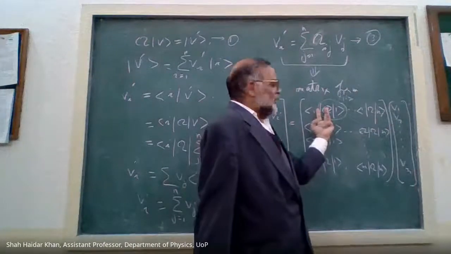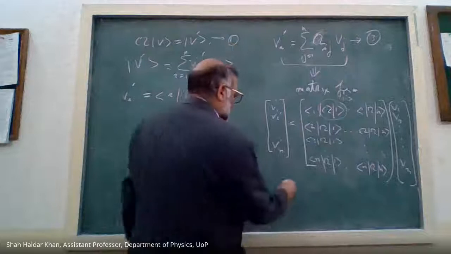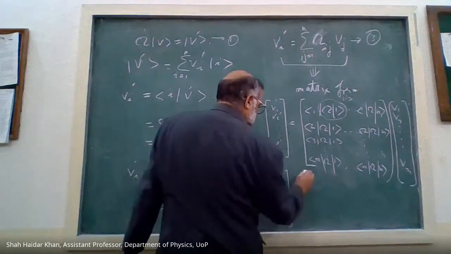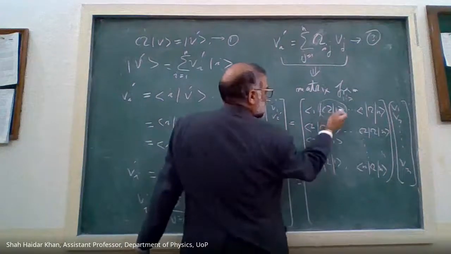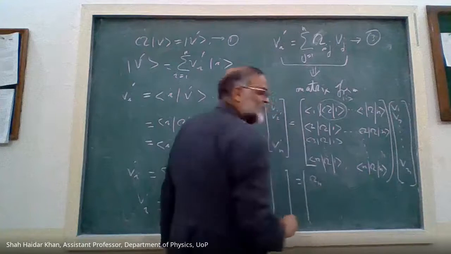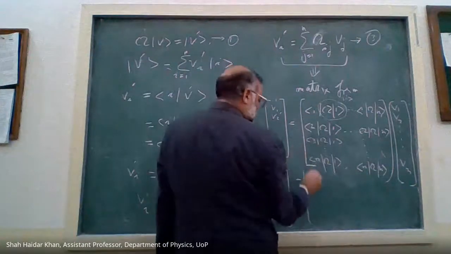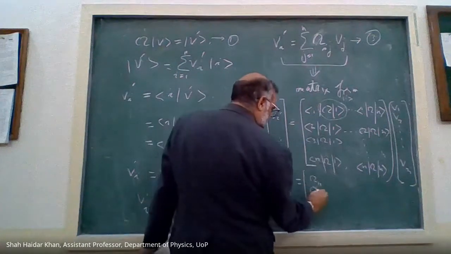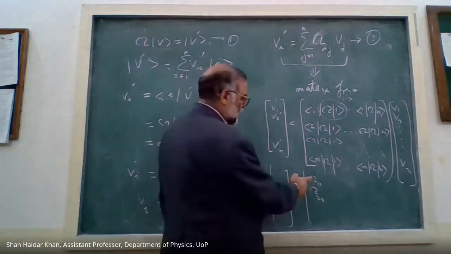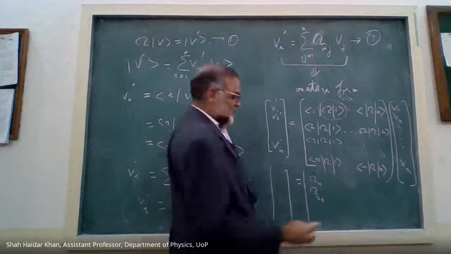If you remember, we call this omega 1,1, similarly omega 2,1. These are just numbers.